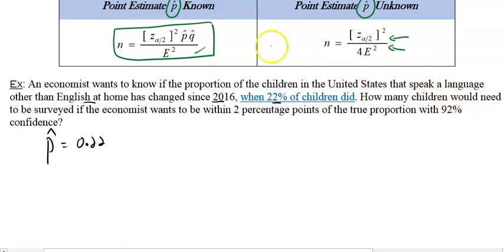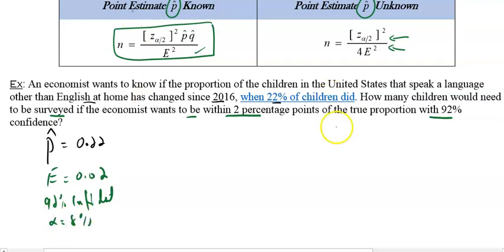How many children would we need to be surveyed if the economist wants to be within 2 percentage points, that's the error, of the true proportion with 92% confidence? If we want to be 92% confident, that means alpha is 8%.